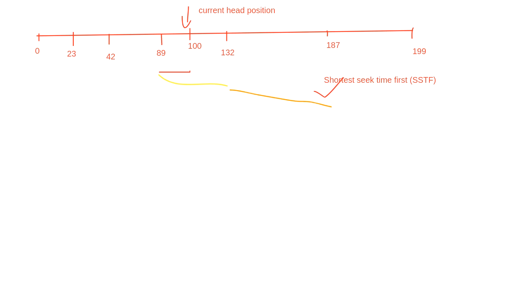You see 132 minus 42 is 90. Next, 187 minus 132 is 55. So 55 is shorter, right? So that's why I go to 187.